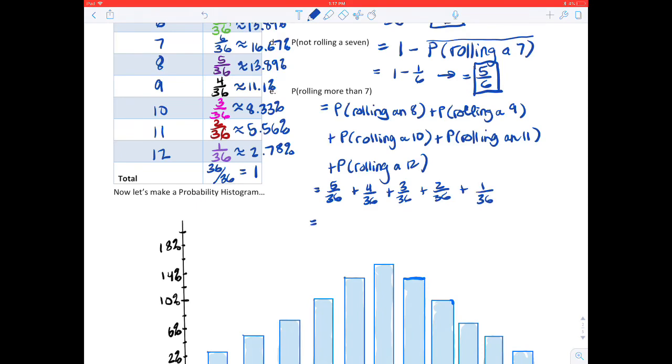And so that gives us what? 9, 12, 15 out of 36. Which is equal to, we'll simplify this one, which will give us 5/12. So a little under 50% chance of rolling above a 7.